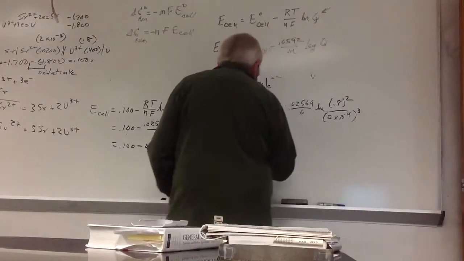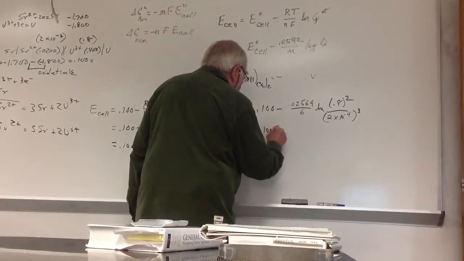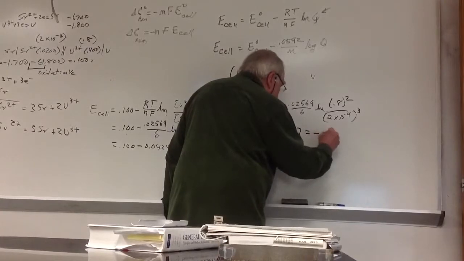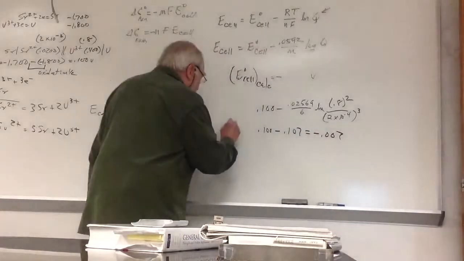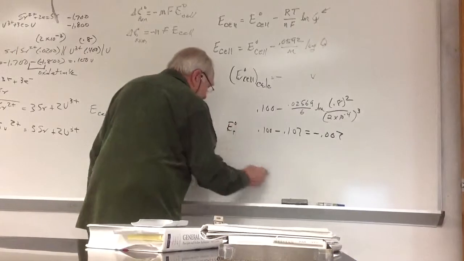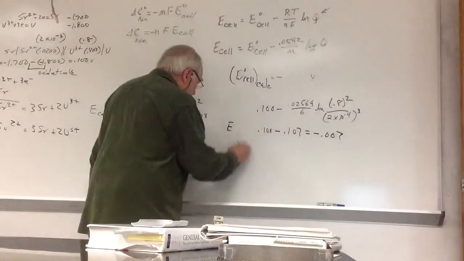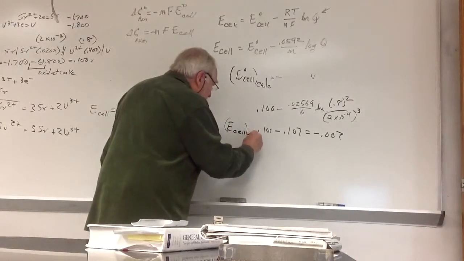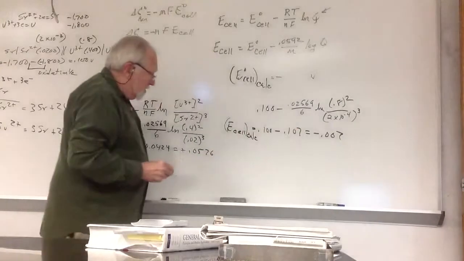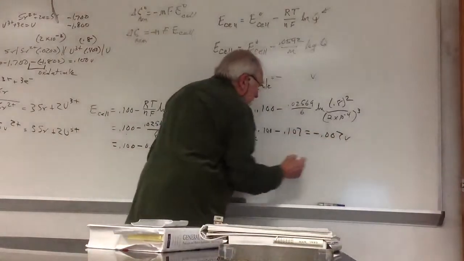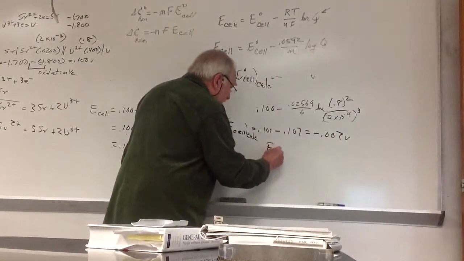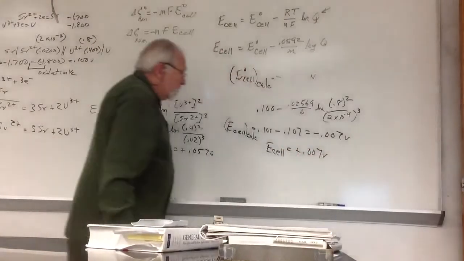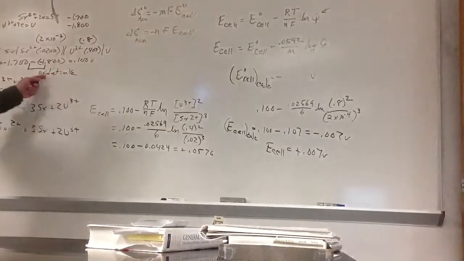Expand this, it now comes out to be 0.100 minus 0.107. And this is what I call Ecell calculated. It's minus 0.007 volts. But what it means is Ecell is now 0.007 volts because I had the wrong reaction here.